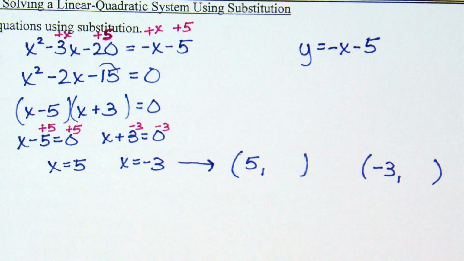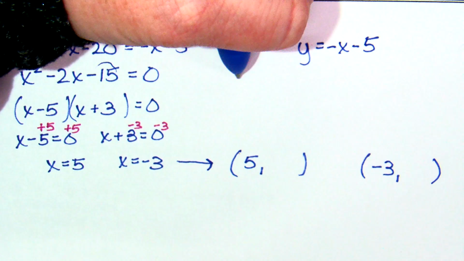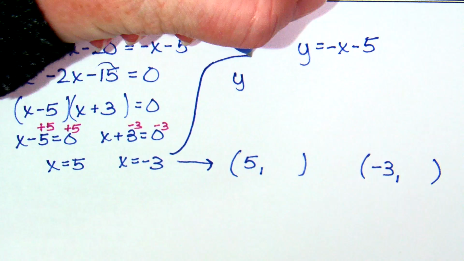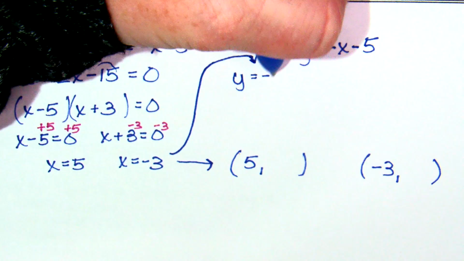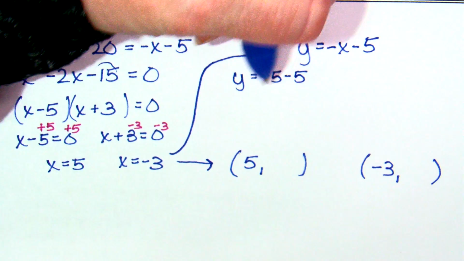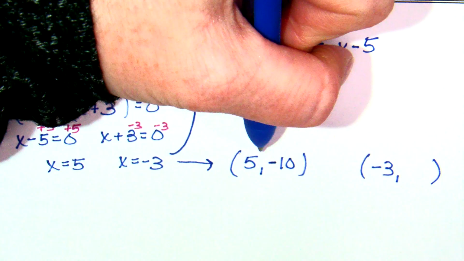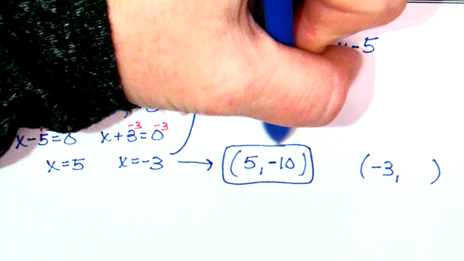Officially, could you use the quadratic? Yes, you can. So, when I put in the 5, it's going to be negative 5 minus 5. And negative 5 minus 5 is negative 10. So one of my answers is 5, negative 10.